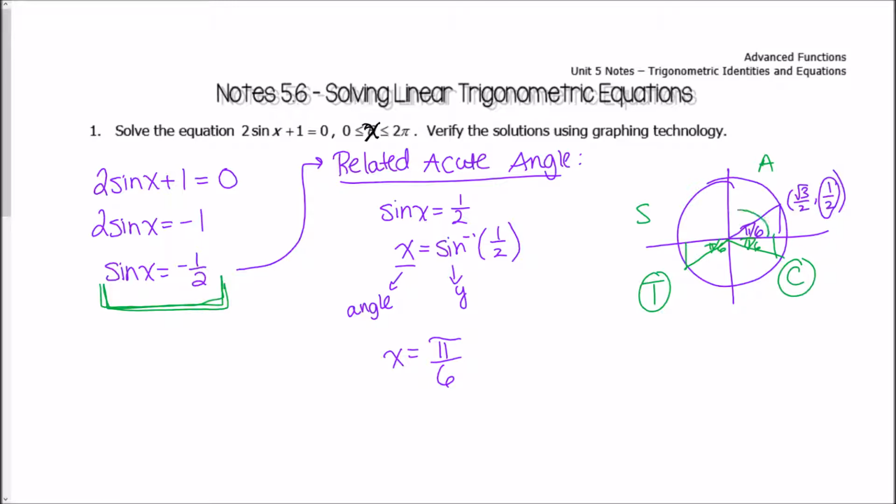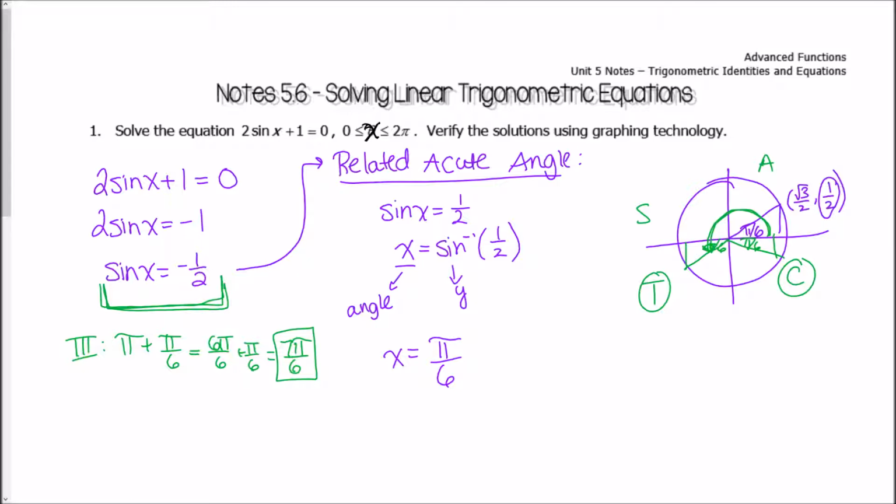Right here, the full angle measurement in quadrant 3 is going to be pi plus another pi/6. Getting a common denominator, it's 6 pi/6 plus pi/6. So the first answer that works is at 7 pi/6.